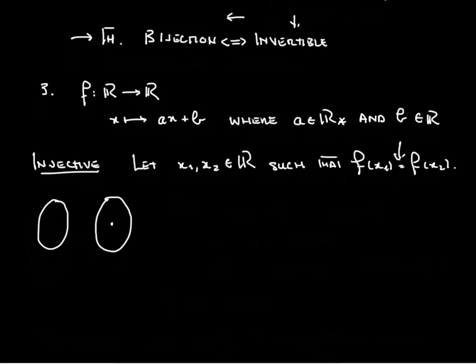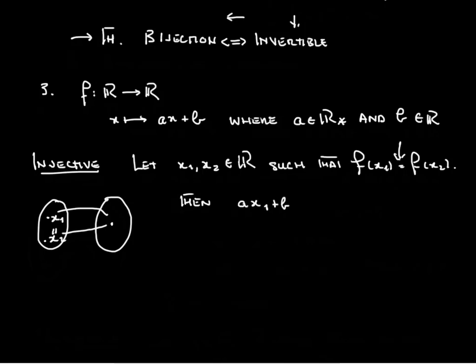So this is our single element. Those two objects are equal, and we have x1 and x2, which are both mapped to that object. Now our goal here is to prove that x1 and x2 are equal, because this would mean that it has at most one pre-image.